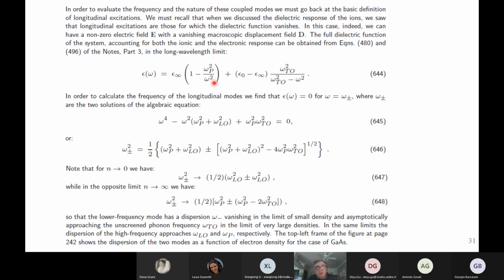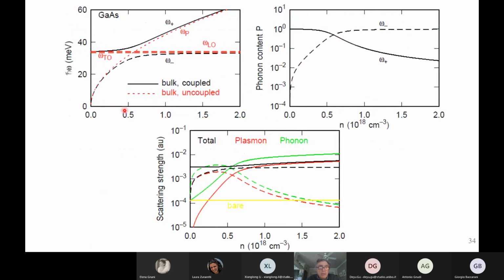Now we have two modes, and these two modes result from the coupling, hybridization, whatever you want to call it, of the plasmons and the optical phonons. And we saw what they look like, and they depend on the density, because the only thing that changes is the plasma frequency. The optical phonon frequency is fixed once and for all, once we fix the material. So the density changes, this changes the plasma frequency, and we had these two modes.